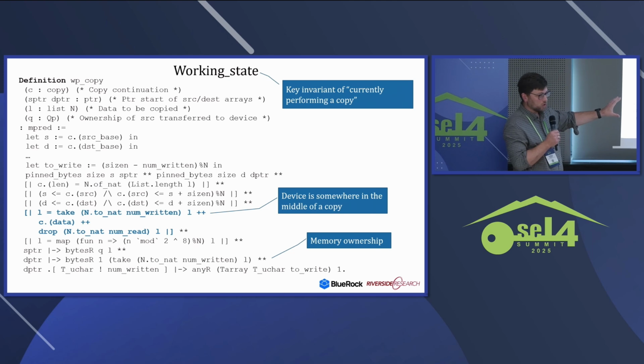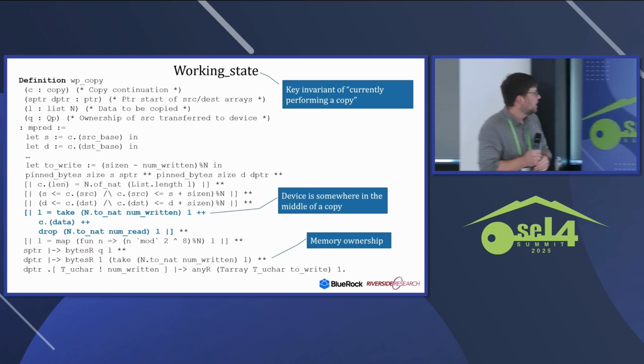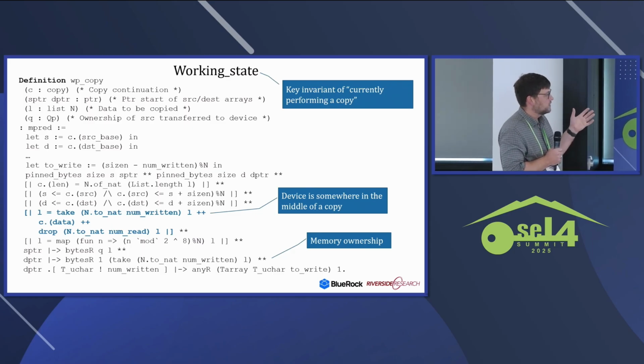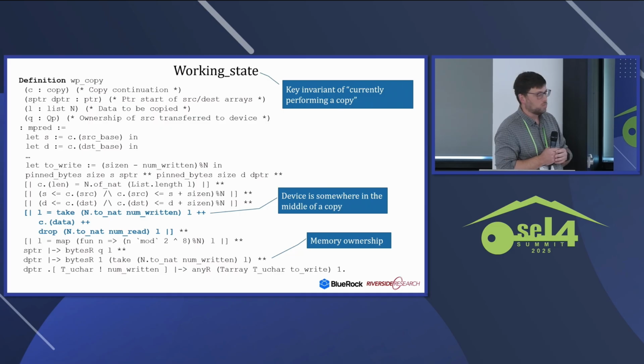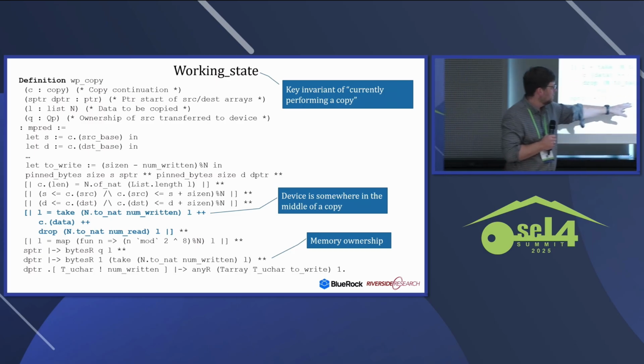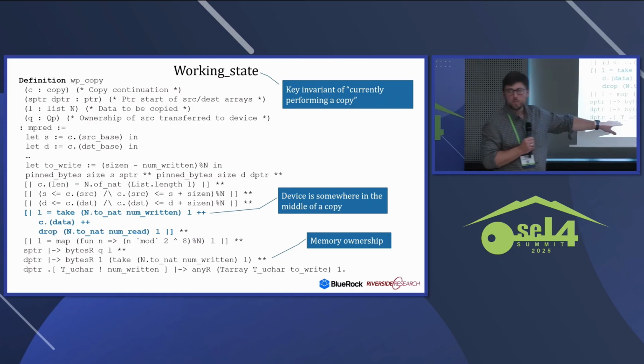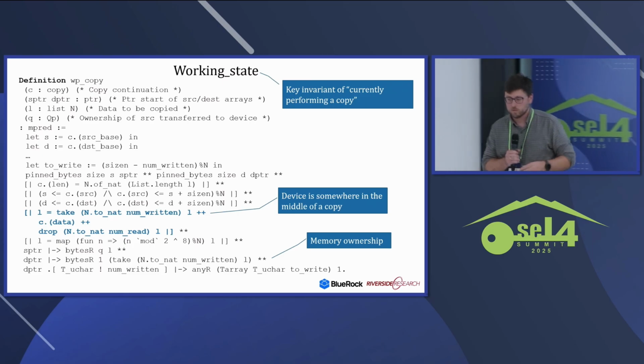We also have ownership assertions for the memory that the device needs to access in order to perform copies. Essentially what this predicate says is that the DMA device is somewhere in the middle of a copy. So this is the invariant that will hold all the way from the beginning of a copy to the end of a copy. And at the end of the copy, this invariant will imply, together with some other facts, that the copy was actually performed. In particular, we're copying from some source pointer containing some bytes L to some destination D pointer, which is starred together with D pointer containing the rest of the space that we're going to copy into as the transaction proceeds.